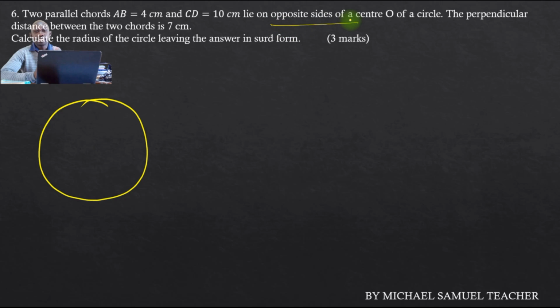So this is a key word which will help us. They are on opposite sides. So we have this one, AB, 4 centimeters, and also we have the other one which is 10 centimeters.